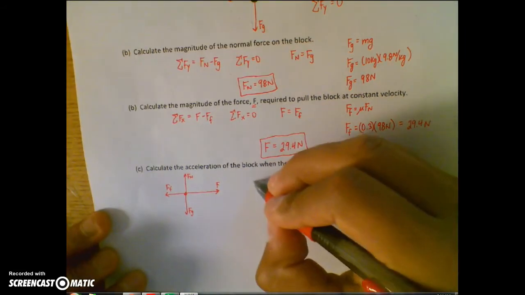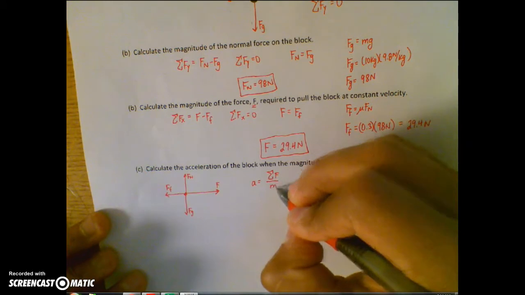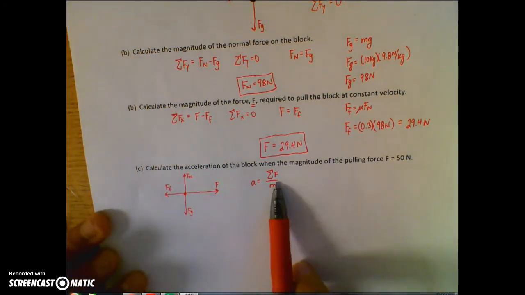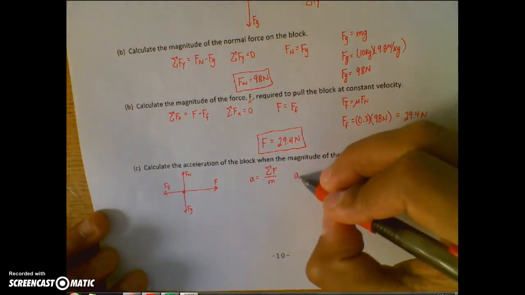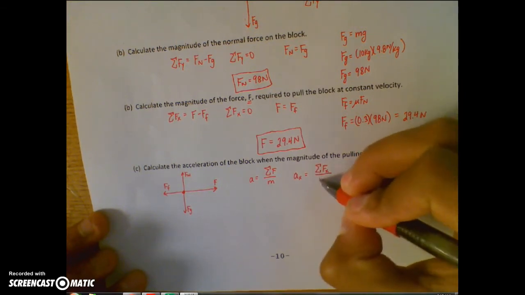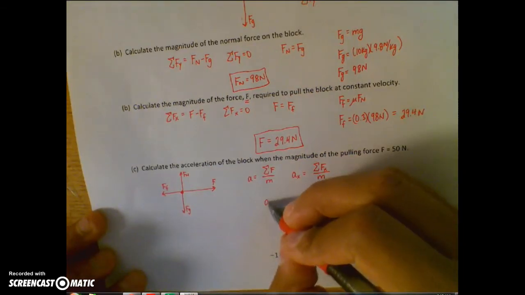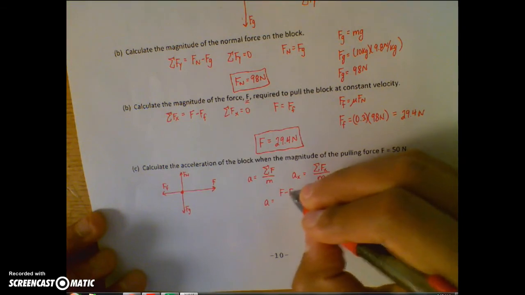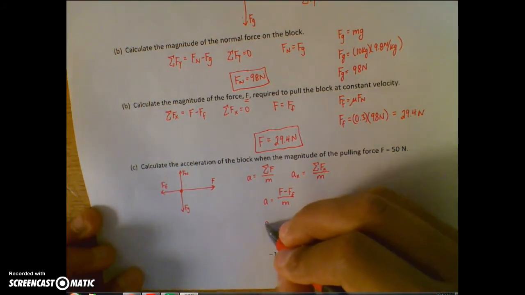And now if I want to calculate an acceleration, I'm going to use Newton's second law, which says that an acceleration on an object can be determined by taking the net force on the object and dividing by the mass. Specifically in this case, I'm looking for the acceleration in the x direction, because the x direction is the only direction in which I have a net force. So the acceleration of the object is equal to my force minus my frictional force divided by my mass.